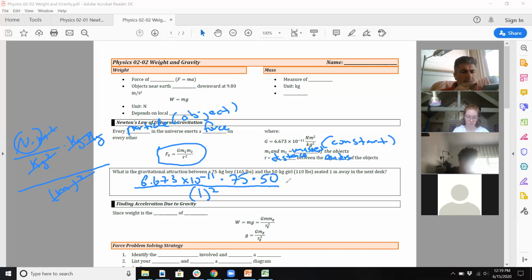I end up getting 2.5 times 10 to the negative 7 newtons. So again, very, very small, but there is some sort of attraction. That's just one of the laws we have to accept.